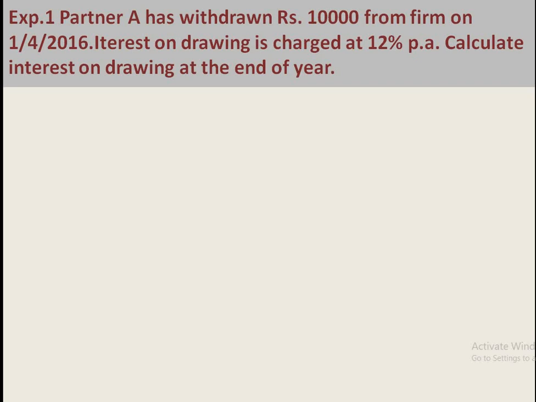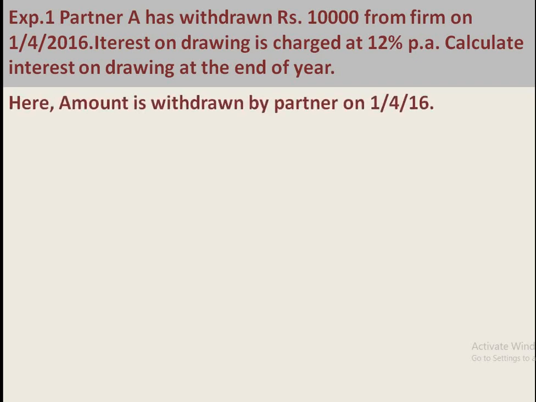As we saw in the previous slide, what is important while calculating interest on drawing of any partner at the end of year? The amount of drawing, the rate of interest on drawing, and very important is the time period of drawing. So let me check. Here amount is withdrawn by partner on 1/4/16. Yes, it is said in your question.